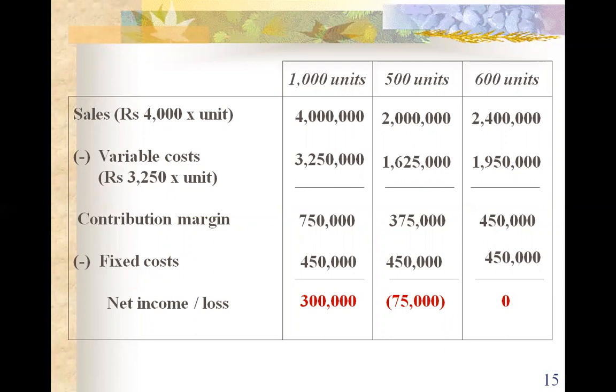It does not change with the level of sale. Okay. Always 4,50,000. You see, in all cases, our fixed cost is 4,50,000. Whether we sold 1000 units, whether we sold 500 units, whether we sold 600 units, still our fixed cost is always the same. Clear? Yes, sir.